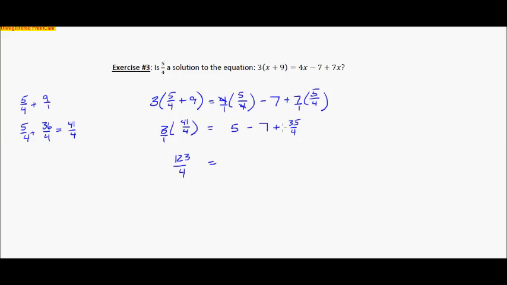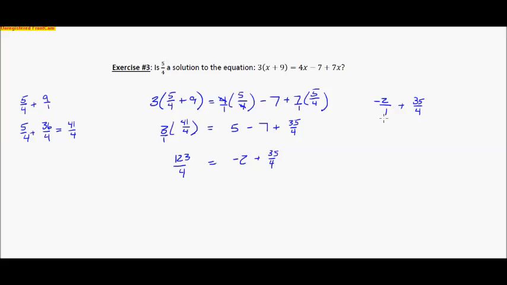Alright, and the same thing. I need a common denominator between these. Before I do that, though, I can take 5 minus 7, and I can get negative 2. And I'll just bring down the 35 over 4. And I'm going to go over to the right side and get my common denominator here. Again, the common denominator is going to be 4. Alright?